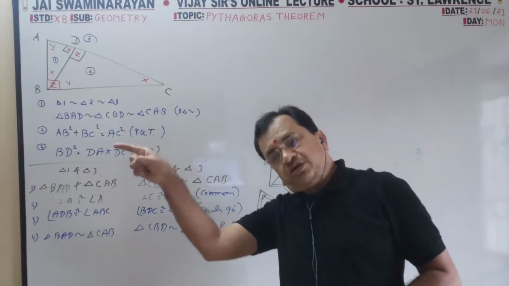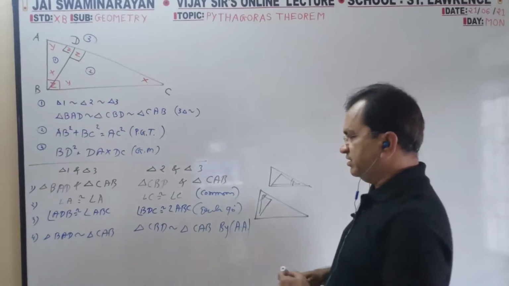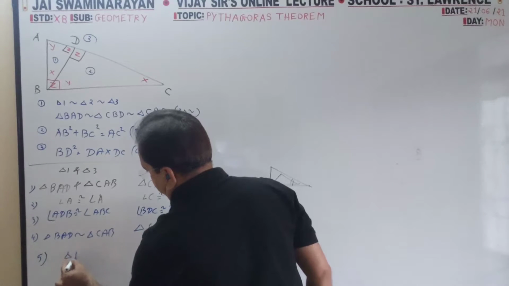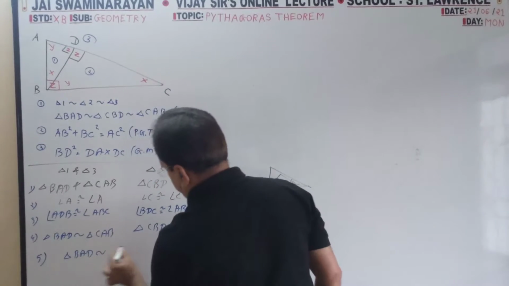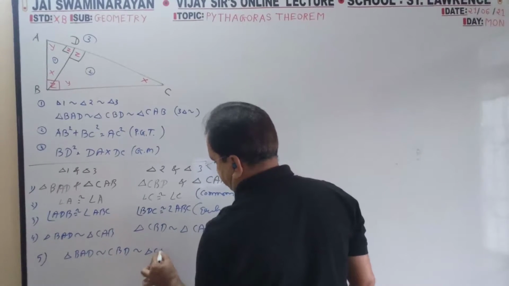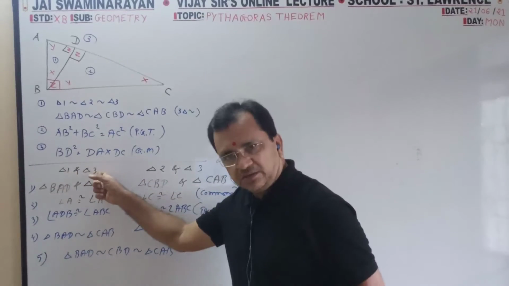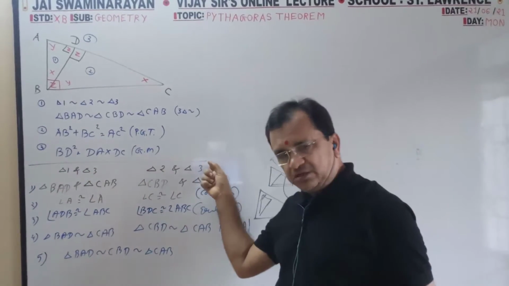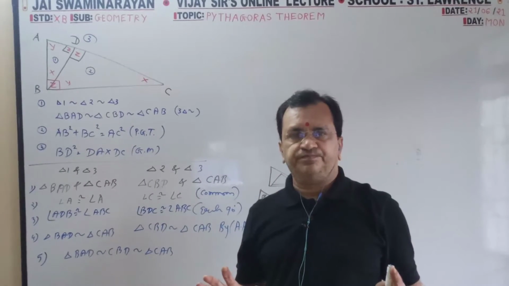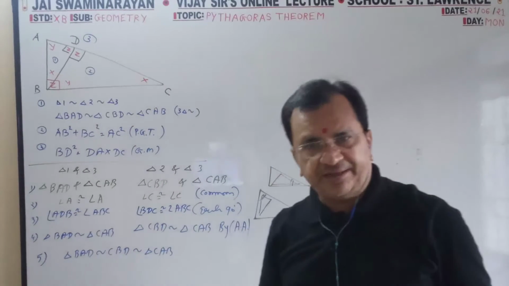First is similar to third, second is similar to third, therefore first, second, third are similar. Therefore triangle BAD similar triangle CBD similar triangle CAB. What have I proved? First similar to third, second also similar to third. So first similar to second, similar to third. So your first theorem is completed.